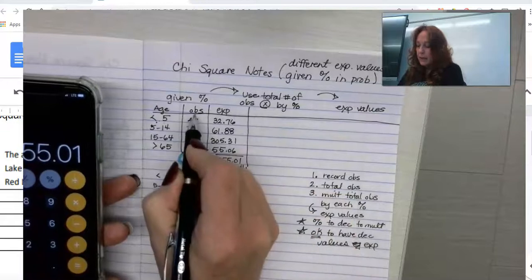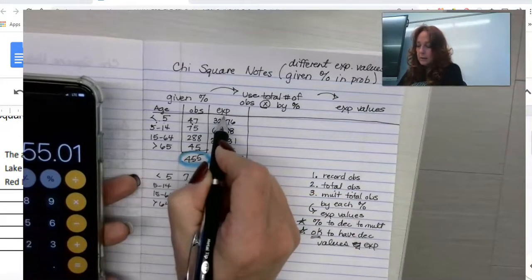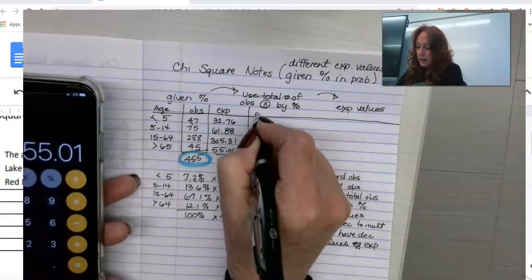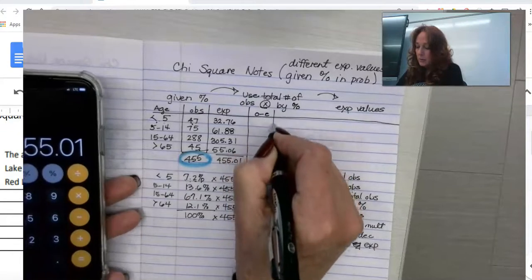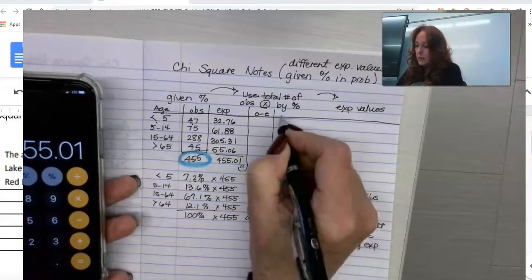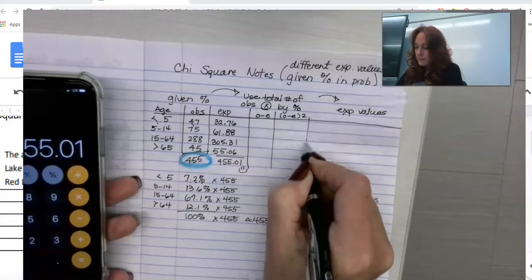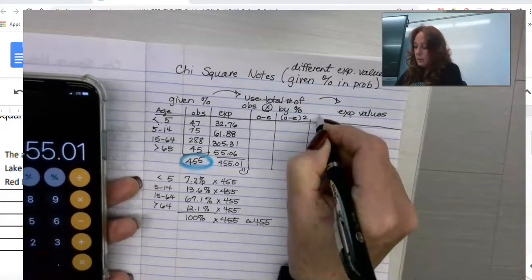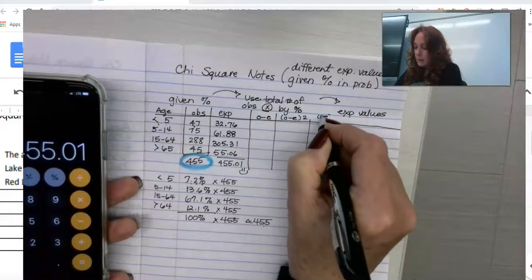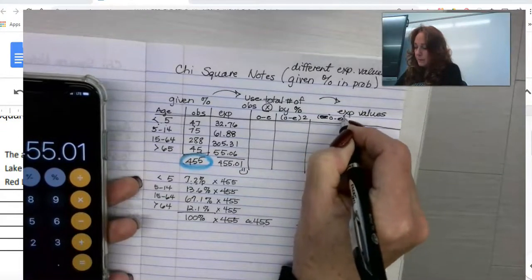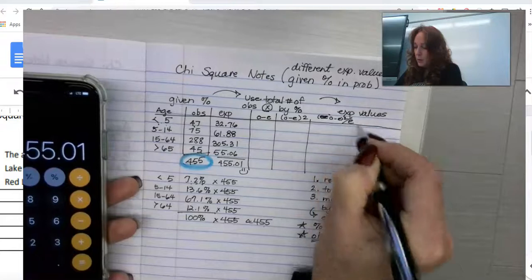So you'll take your observed values and subtract your expected, so you find the difference between observed and expected. Then you're going to square those differences. Then you're going to take the differences squared over expected.